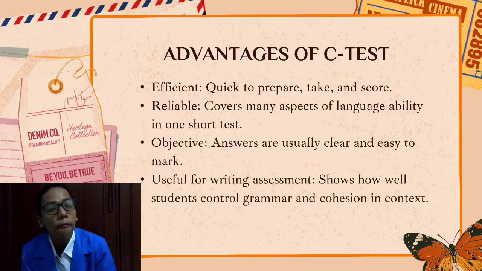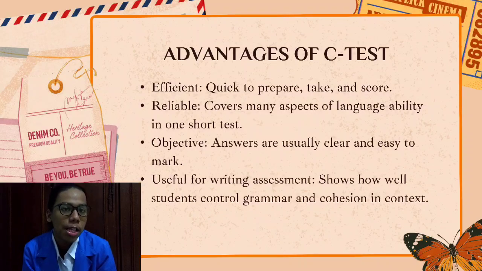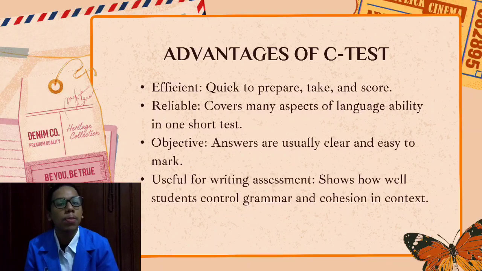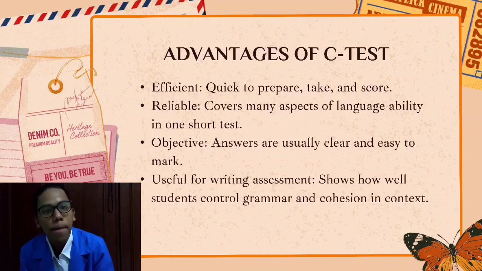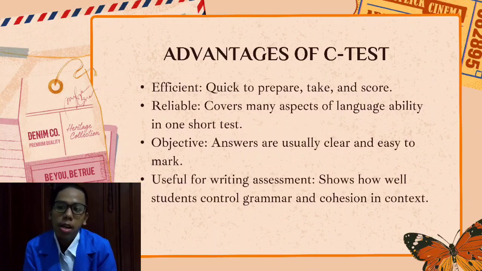The advantages of the C-test. First, efficient. The C-test is quick to prepare, take, and score. Second, reliable. It covers many aspects of language ability in one short test, like grammar, writing, and vocabulary.